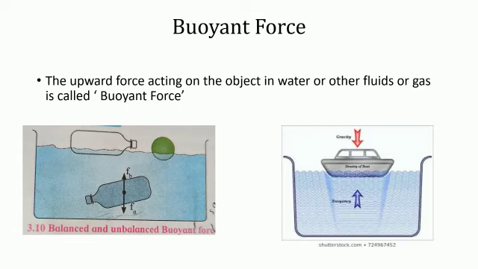Gravitational force tries to bring the ship down, but buoyancy force pushes it upwards. It is easier to swim in salt water than fresh water because the density of salt water is higher than fresh water, because salt water contains many dissolved salts.